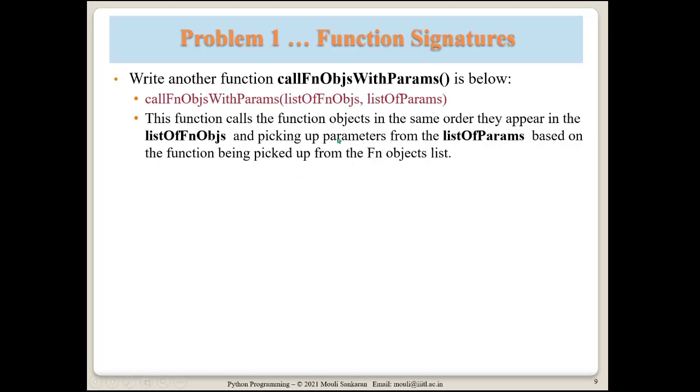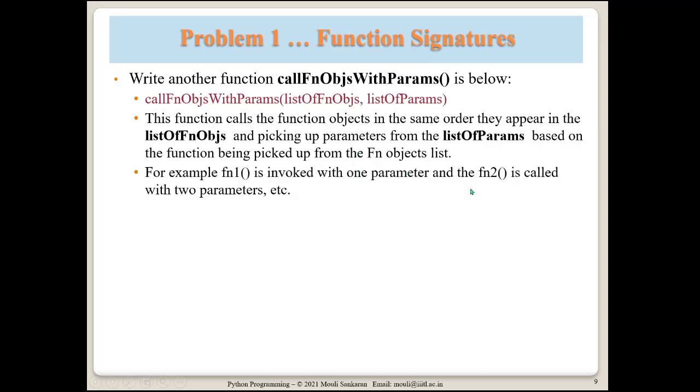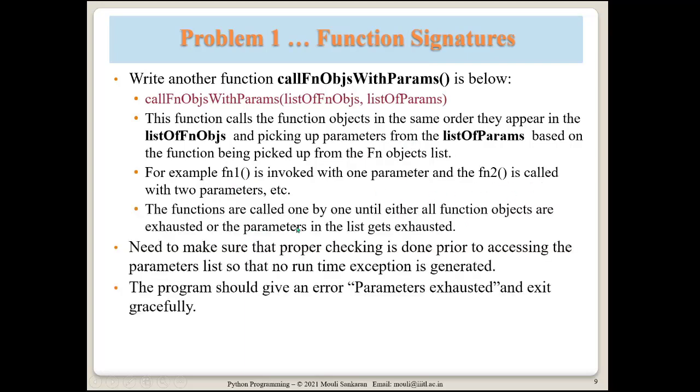I think this explanation is clear. For example, fn1 is invoked with one parameter and fn2 is called with two parameters. The functions are called one by one until either all function objects are exhausted or the parameters in the list get exhausted, whichever is earlier.